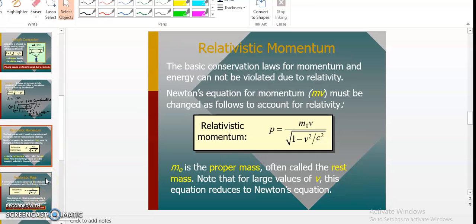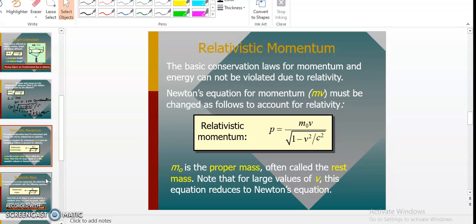Now let's consider relativistic momentum. The basic conservation laws for momentum and energy cannot be violated due to relativity. Of course, from our basic knowledge in thermodynamics, we know that energy can neither be destroyed nor created.